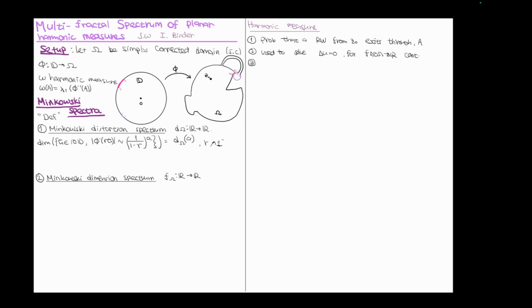And as before, we're going to measure the dimension, but now instead of looking at points on the boundary of the disk, we will look at points on the boundary of the domain. And instead of looking at the way the derivative grows, we'll look at the decay of the harmonic measure. So the harmonic measure of a disk centered at xi with radius delta should decay roughly like delta to the alpha, where alpha is my parameter.